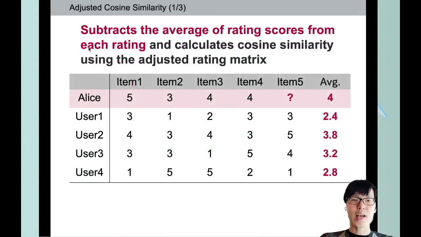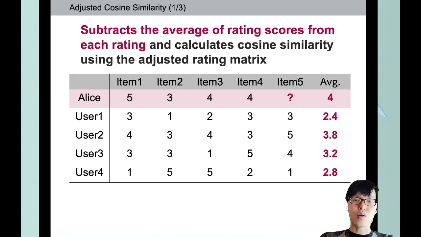So we adjust the cosine similarity scores for improvement. We subtract the average of rating scores from each rating, like this. And then we calculate the cosine similarity using the adjusted rating matrix.